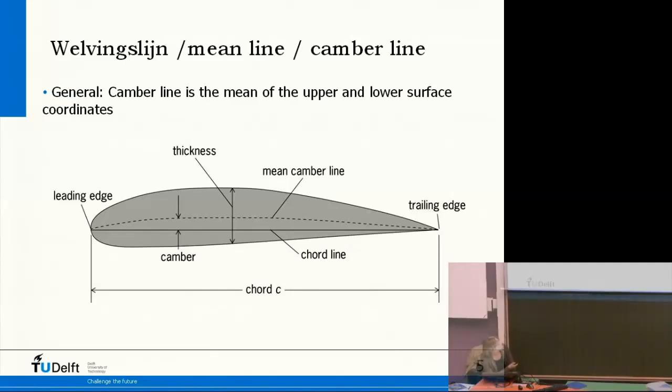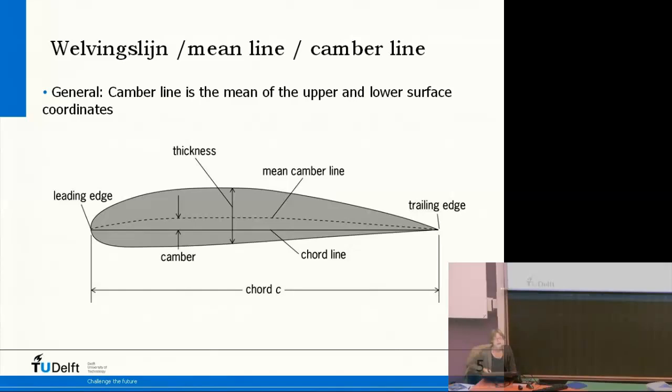So some important nomenclature of airfoils. Of course, we discussed already leading edge and trailing edge, so front and back. The chord line, that's the shortest distance between the leading edge and the trailing edge. And then there is the mean camber line, and the mean camber line is the line which has the same distance to the top and the bottom. And for a symmetric airfoil, of course, the mean camber line is equal to the chord.